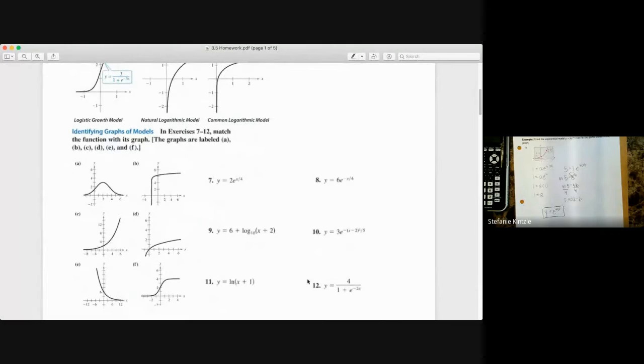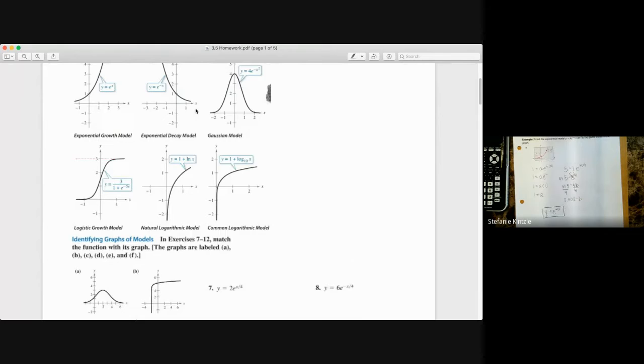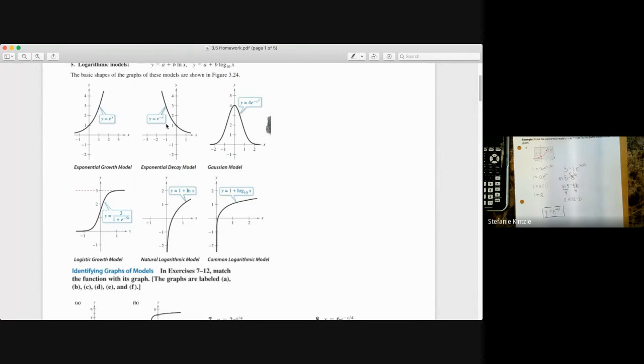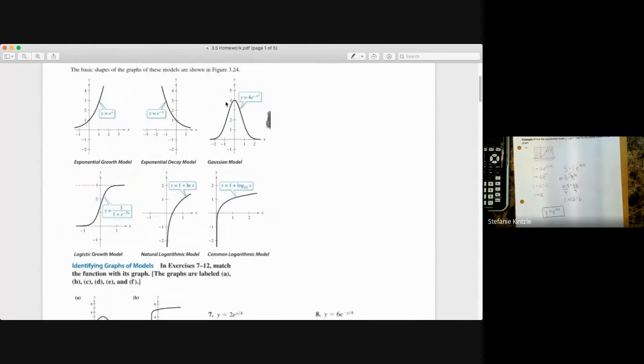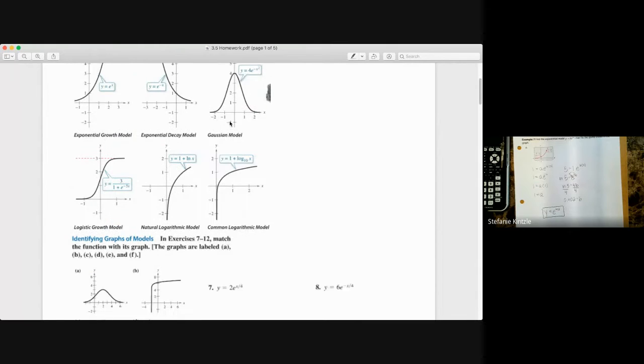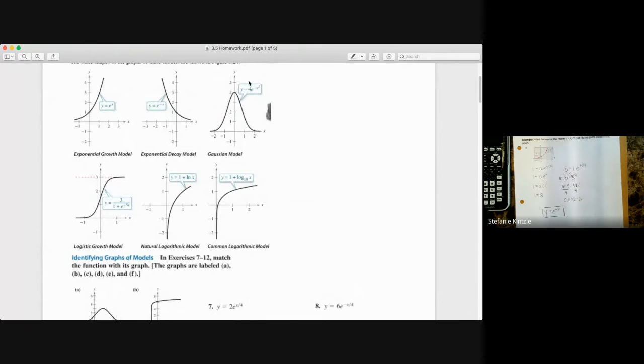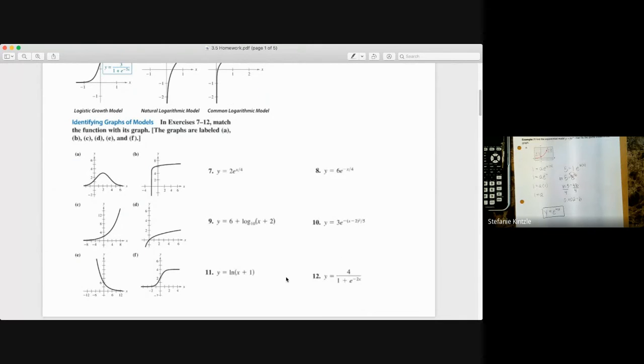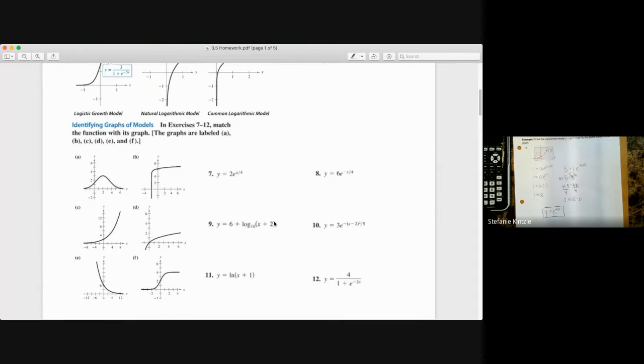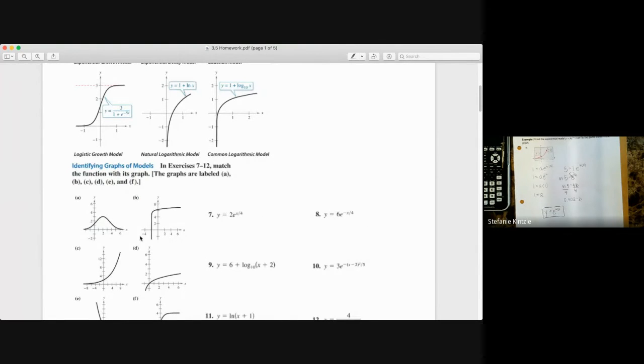Here you're going to match these with these. There are some transformations, but I think there's one of each. So you should be able to look up here and compare. Like here's that, it matches A. So you should look and match that with one of these equations. These are meant to help you answer this question.